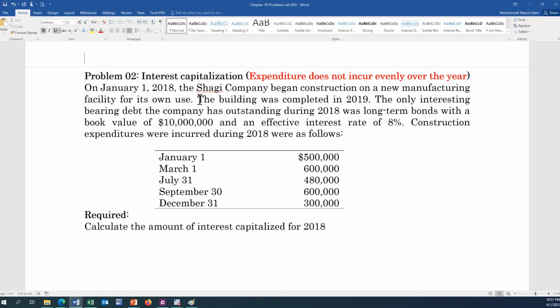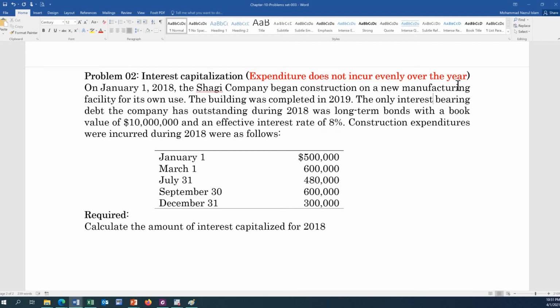The only interest bearing debt the company had outstanding during 2018 was long-term bonds with a book value of 10 million and an effective interest rate of 8%.